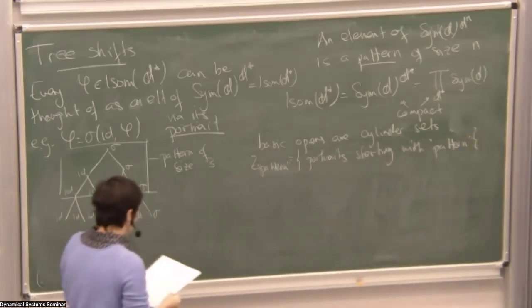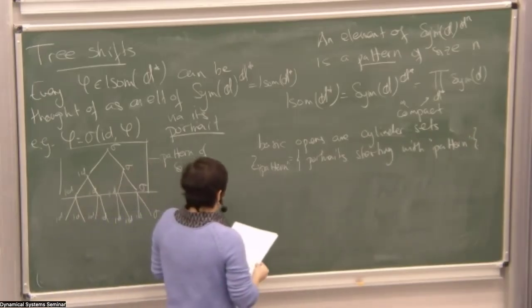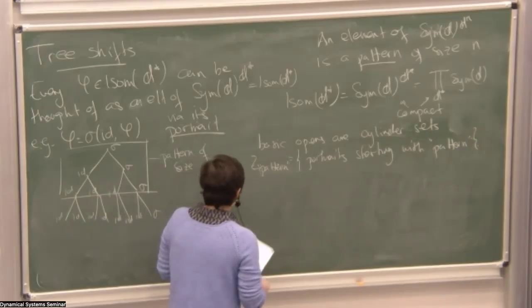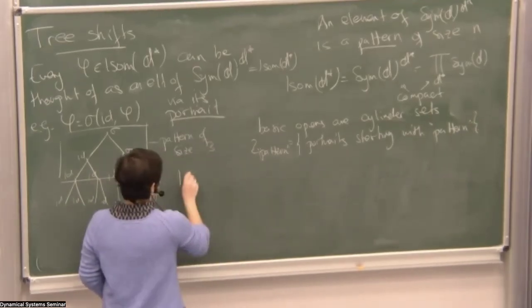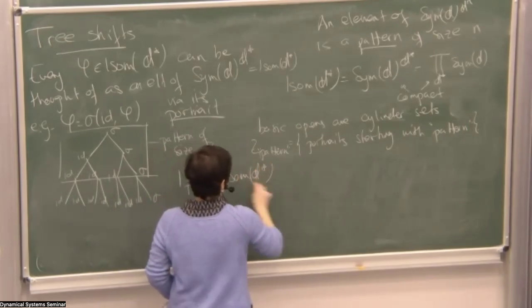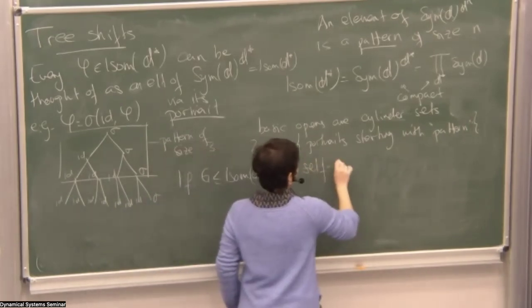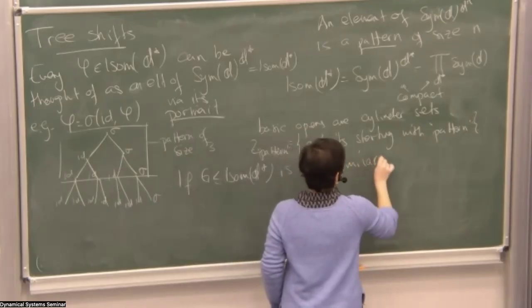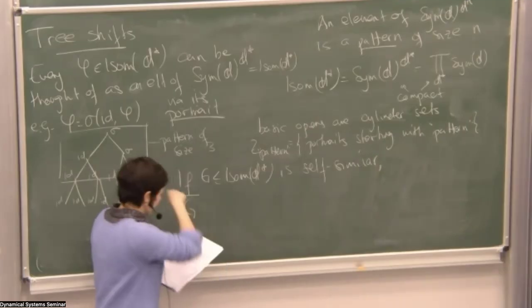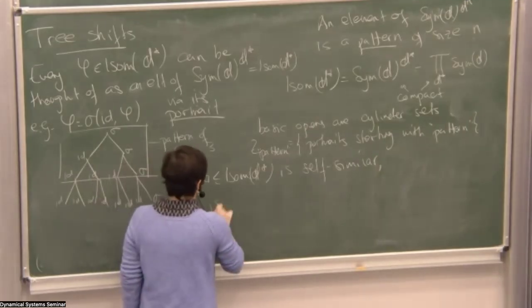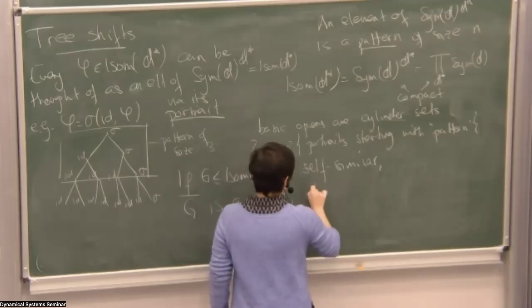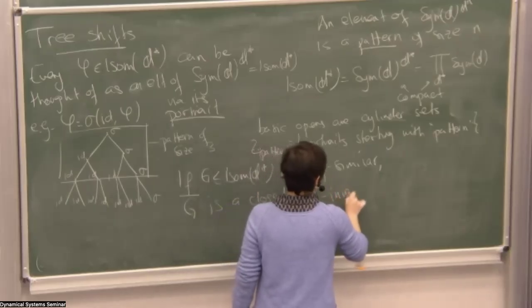Okay, now, yes, so if G is self-similar, then its closure is a closed D star invariant set.